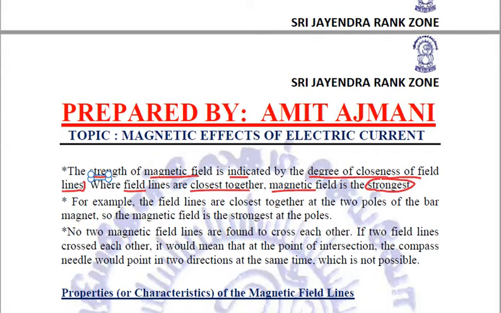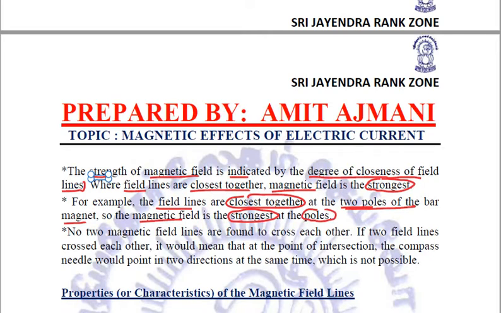For example, in the case of a bar magnet, we observe that these magnetic field lines are closest together at the two poles of the bar magnet. Therefore, the magnetic field is strongest at the poles.